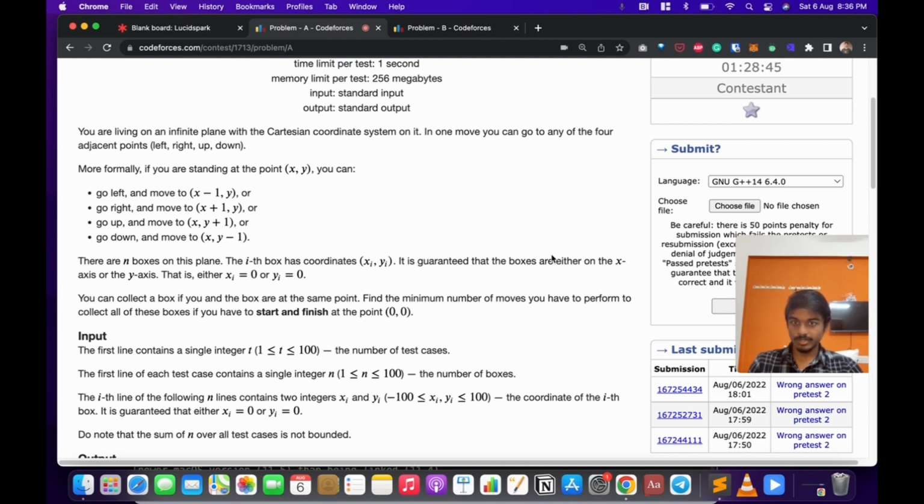How to start and finish at the... What if it is zero? It will take zero, that's all.